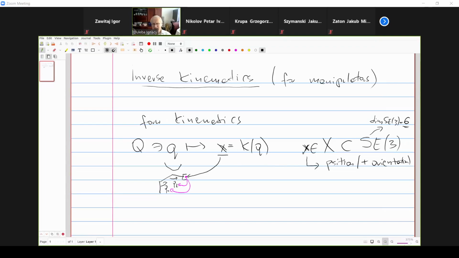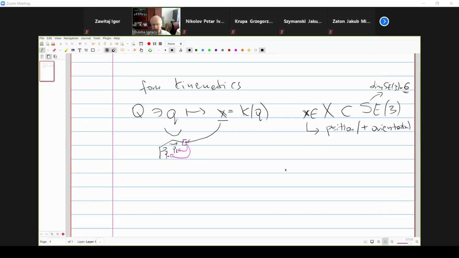And of course, not all manipulators satisfy this property. And finally, I've discussed, or started to discuss, the method which is useful and frequently used in robotics, which is called the Jacobian based method, because it is a whole family of methods.